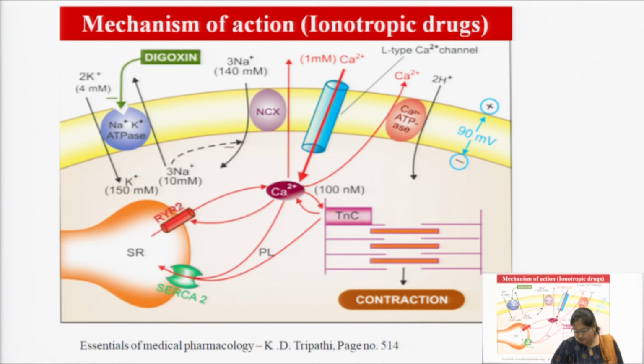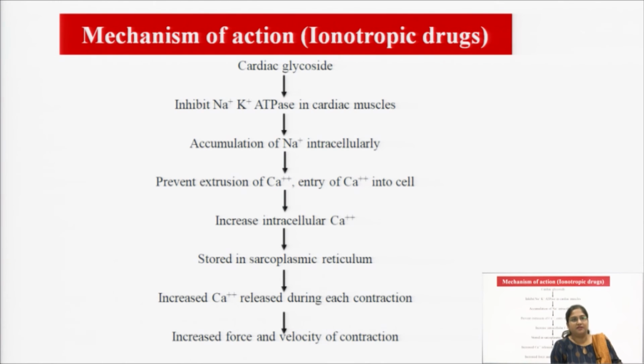This is the mechanism of action. You can correlate it with the structure here. I have simplified it and written it down in a flow chart form. That is what cardiac glycosides do, what inotropic drugs do. First of all, the cardiac glycoside inhibits the sodium potassium ATPase in cardiac muscles.